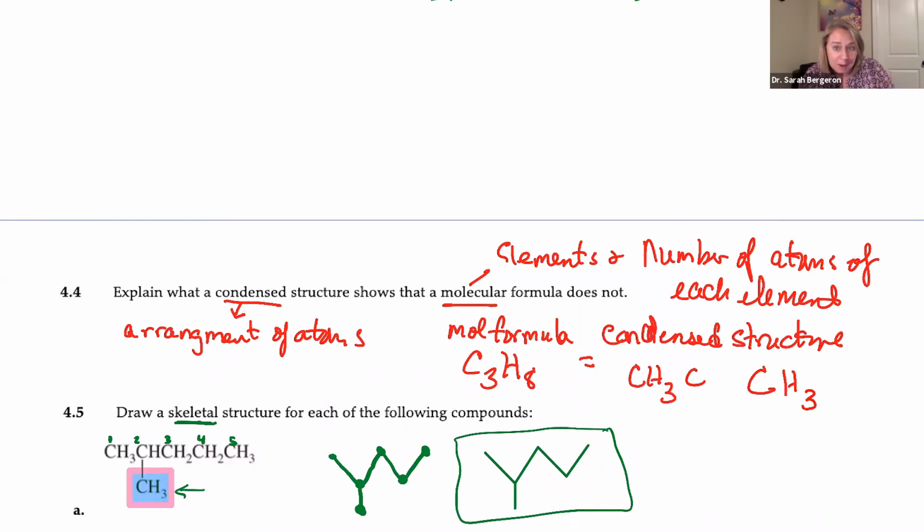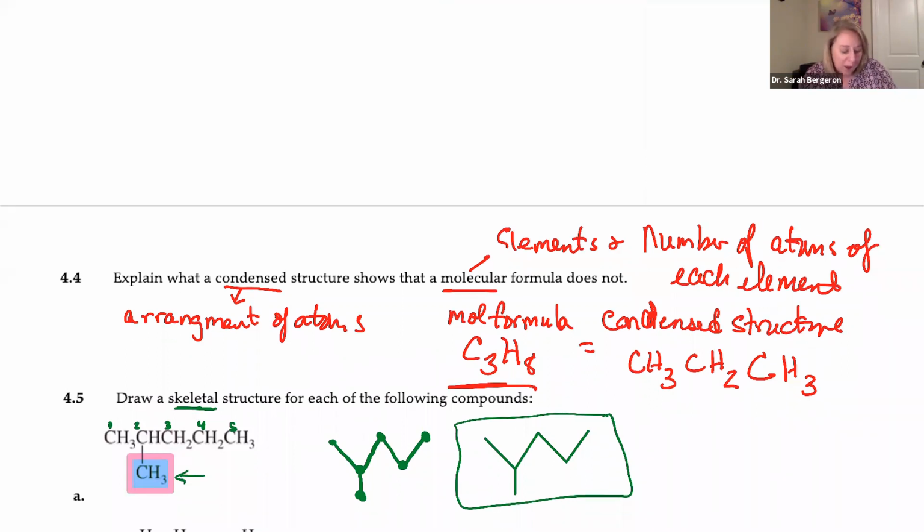The carbon in the middle already has a single bond to each of the carbons, so this one only needs 2. So we have the overall arrangement of atoms in that condensed structure. Whereas in the molecular formula, all we're told is we have carbon, we have hydrogen, and how many atoms of each element we had.